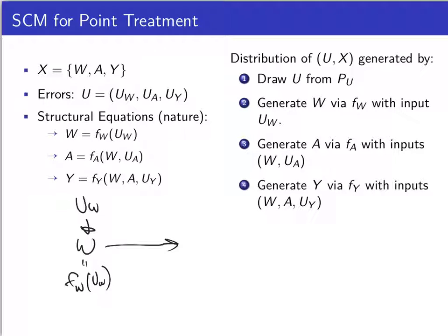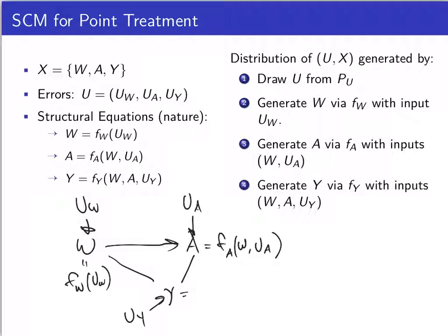And then there's A, and there's also UA, and this is equal to FA of W, UA. And then they both go to Y, and also you have UY, and that's FY of A, W, UY.